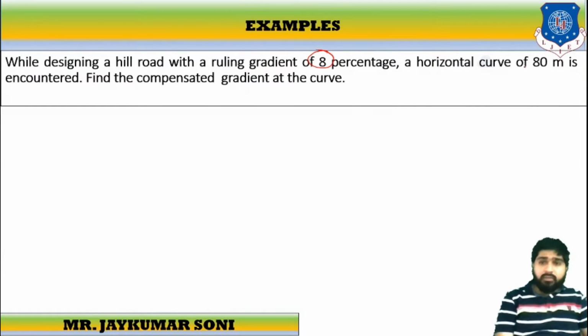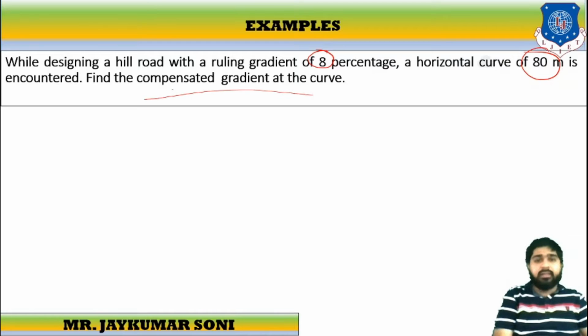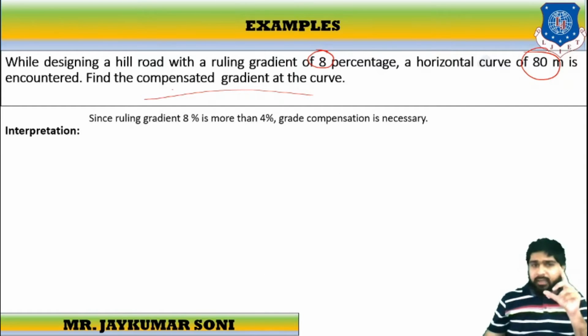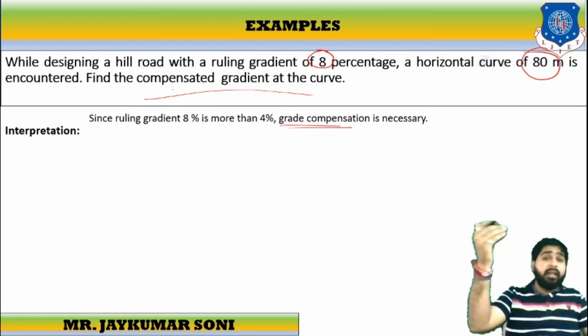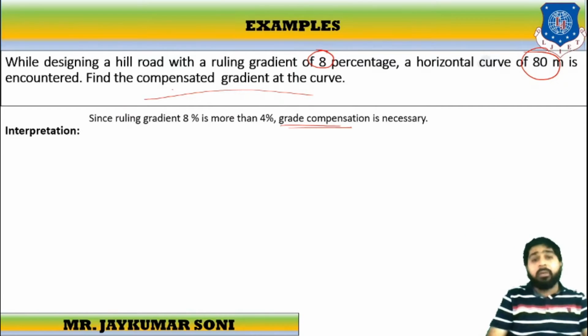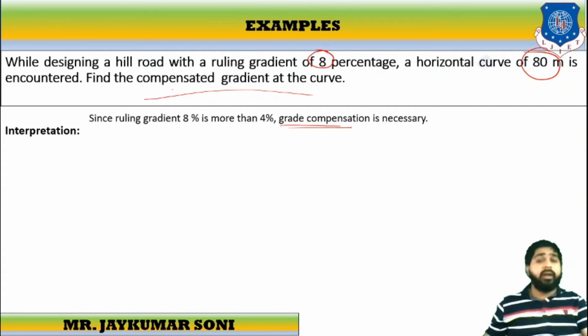The curve of 80-meter radius is given, so we have to find the compensated gradient at this curve. First of all, we will interpret the statement. Since the gradient is 8%, which is more than 4%, we have to go for the grade compensation. If it were less than 4%, then we could have ignored providing the compensated gradient. But this is 8%, so we have to provide the grade compensation.